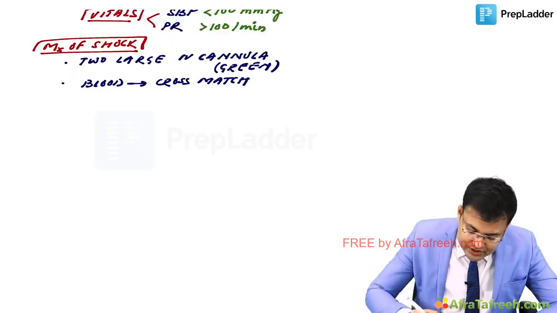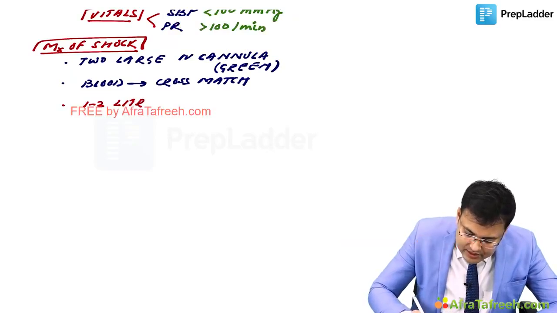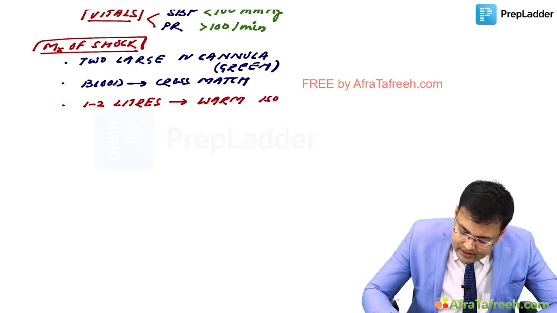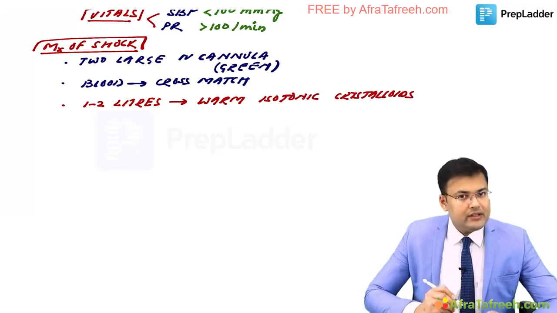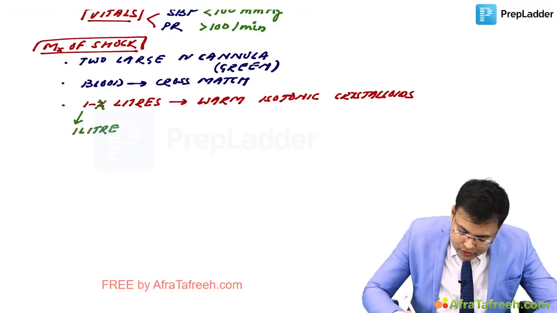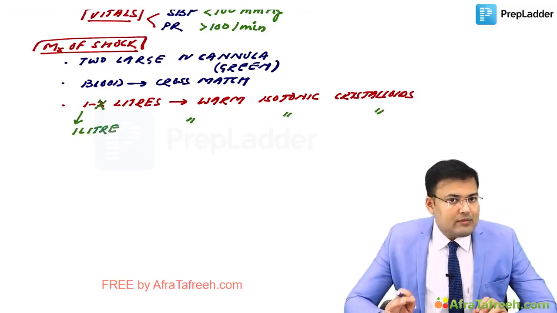According to older edition, how much fluid as a bolus? 1 to 2 liters. Fluid, what kind of? Warm isotonic crystalloids. Okay, this was given in adults, but nowadays we are giving only 1 liter. So only 1 liter of warm isotonic crystalloid is given in adults. And what about in children?